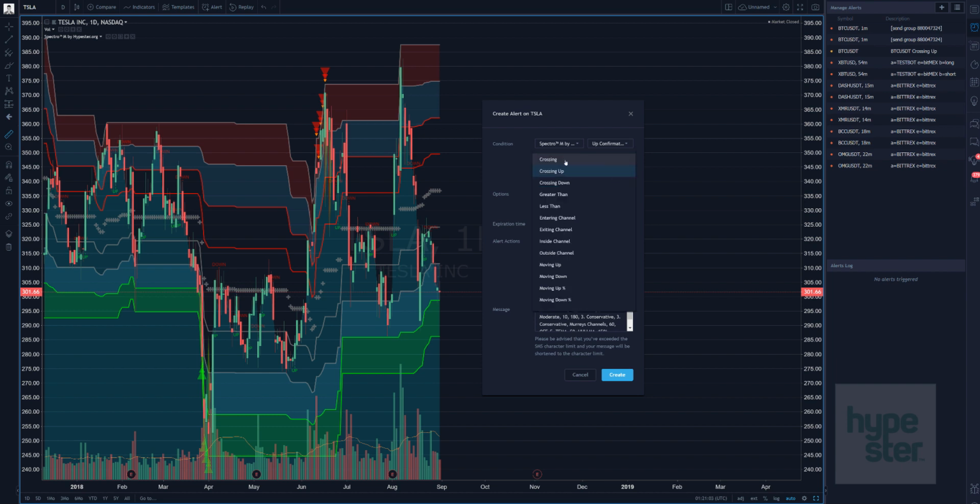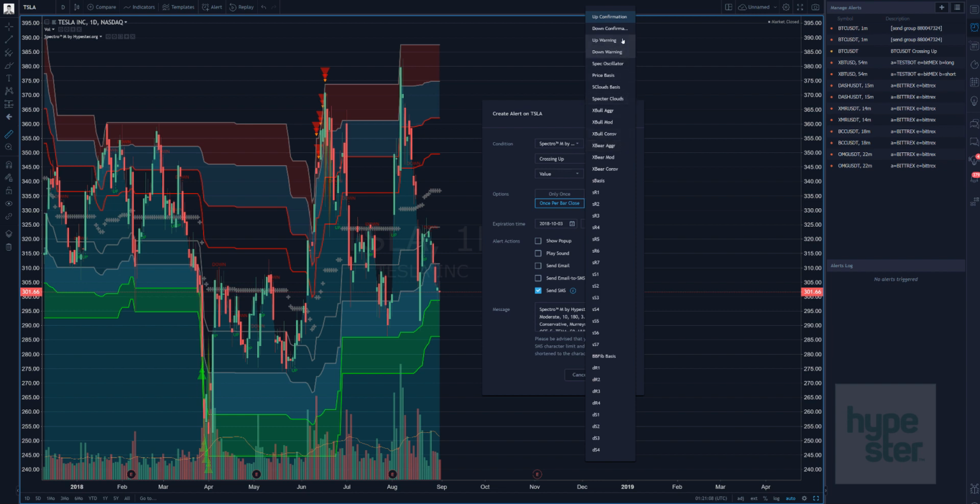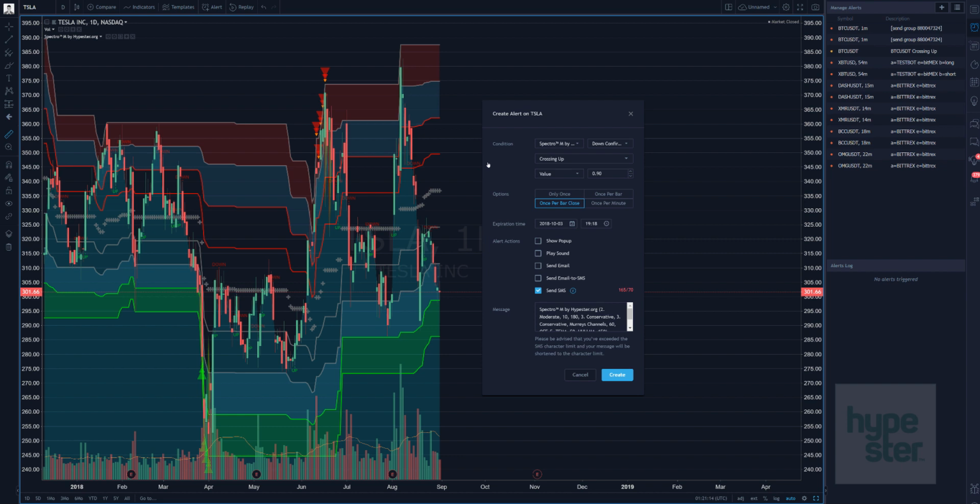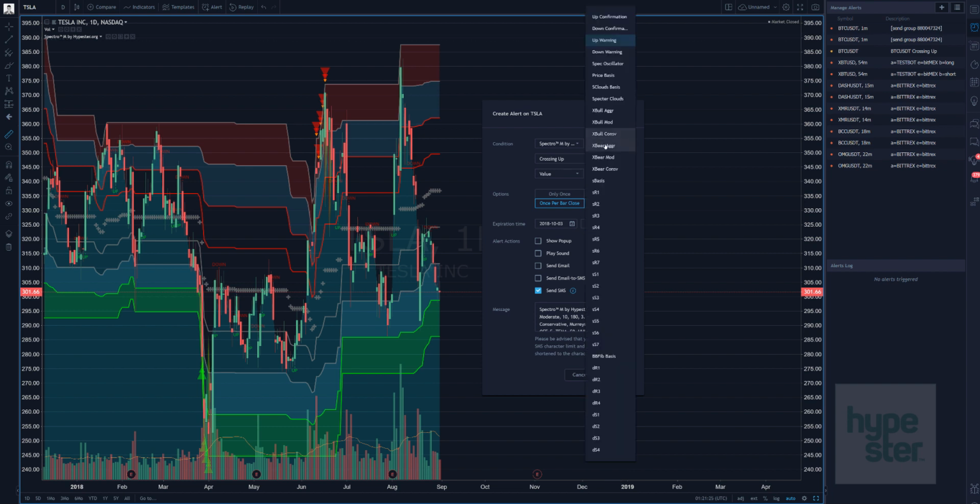It would work the same way because you understand the logic now. In the same way the down confirmation, some people are like, oh, but it's not -1. No, it's not -1 because the condition is true. There's no minus true. It's just true. So it would work for the down confirmation, the up warning, the aggressive X bullish confirmation, and so on. They would all work this way, okay?